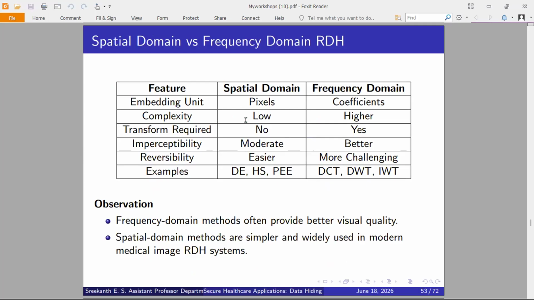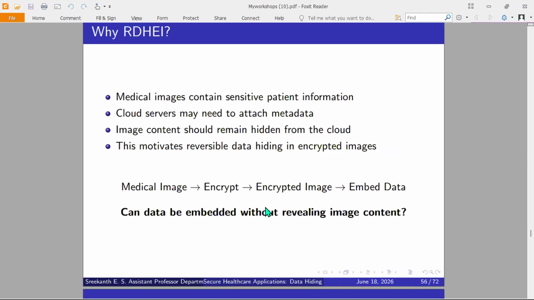But it is good for imperceptibility. What does imperceptibility mean? After embedding, the quality of the image is better in the frequency domain. In the spatial domain, since it affects the pixel directly, it may be only moderate. That is the only advantage in the case of medical images.